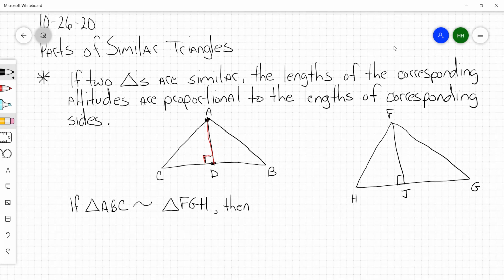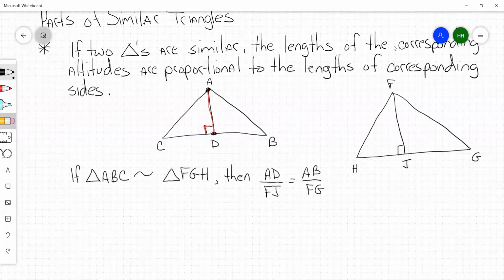here's what's true. AD over FJ, AD divided by FJ is equal to AB over FG. If two triangles are similar, the lengths of the corresponding altitudes, these are altitudes in both triangles.